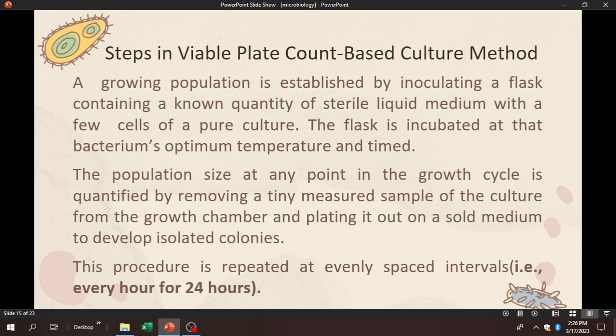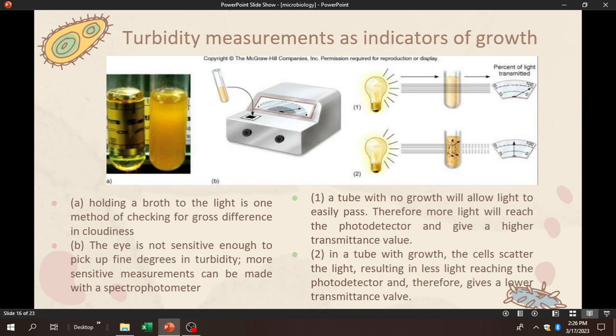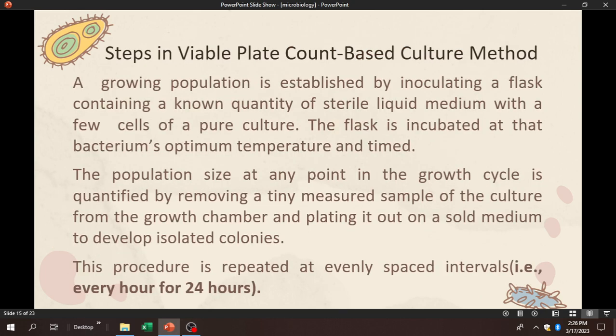This procedure is repeated at evenly spaced intervals, for example, every hour for 24 hours. Evaluating the samples involves a common and important principle in microbiology. One colony on the plate represents one cell, or colony forming unit, or CFU, from the original sample.